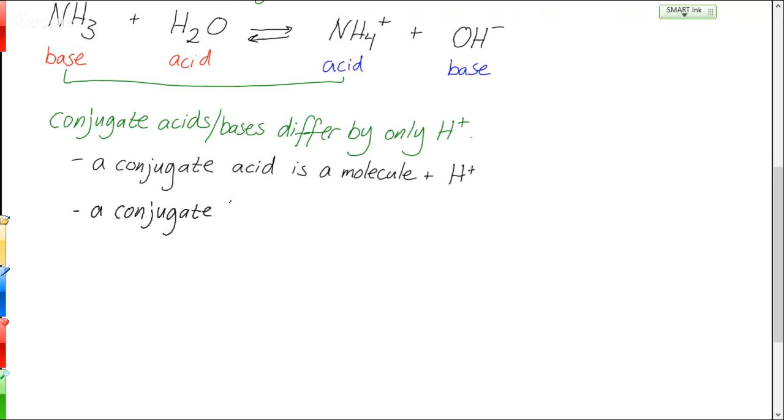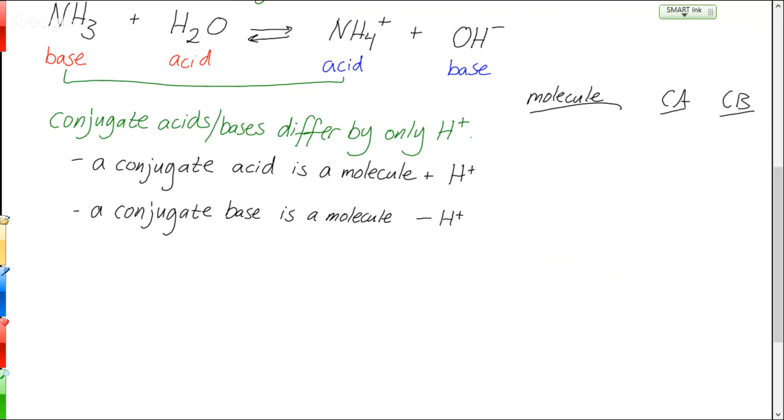And a conjugate base is a molecule minus H plus. And we can set up a table here. So we can say, what's our molecule? And then what's its conjugate acid and conjugate base?